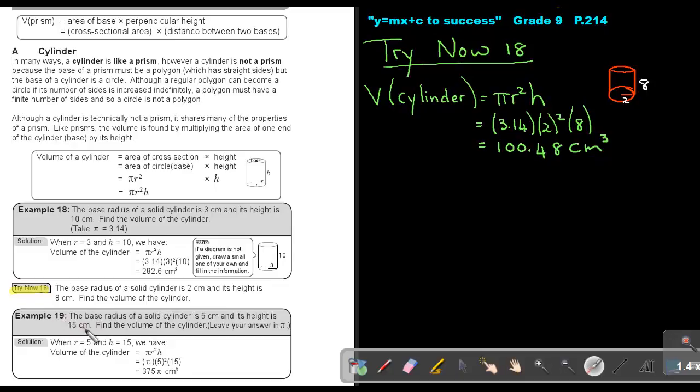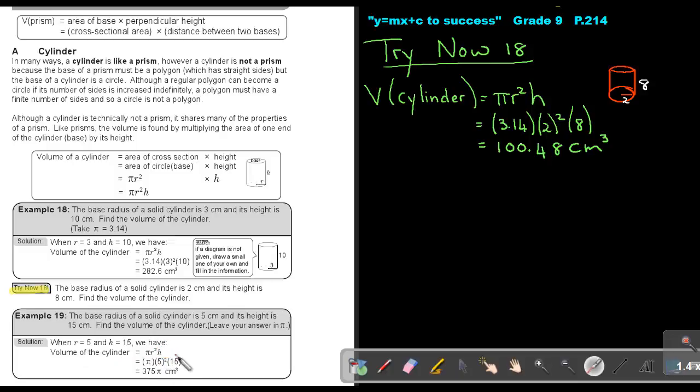Example 19. The base radius of a solid cylinder is 5 centimeters and its height is 15. Find the volume of the cylinder. Leave your answer in pi. So don't substitute anything in pi. We do exactly the same. The radius is 5, the height is 15. We start by writing the formula.